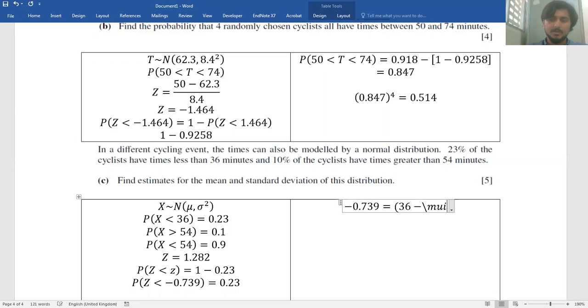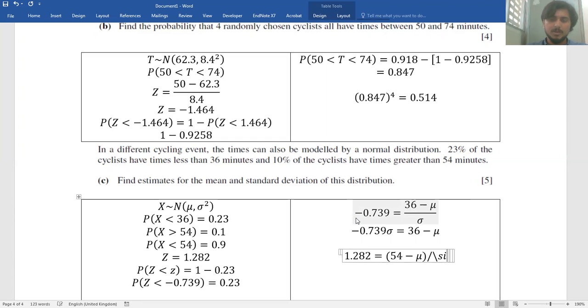So z equals 36 minus mean over sigma. So minus 0.739 sigma is 36 minus mean. And the second equation that we can form is when z is 1.282, the value of x is 54: 54 minus mean over sigma.